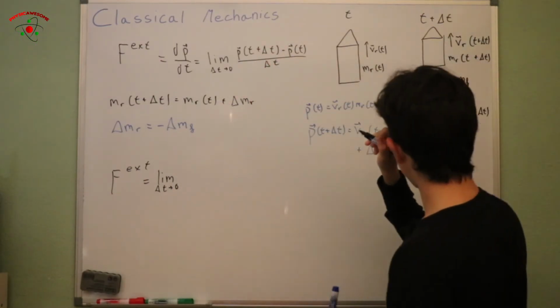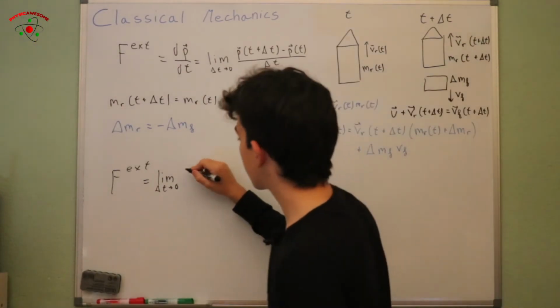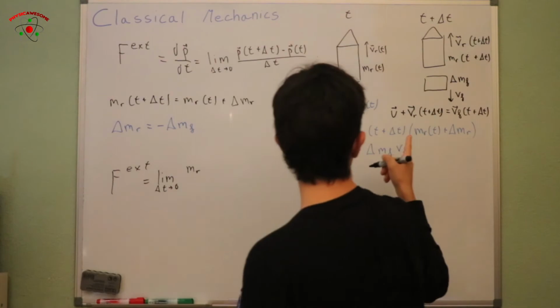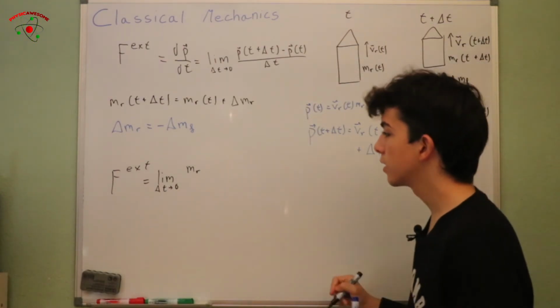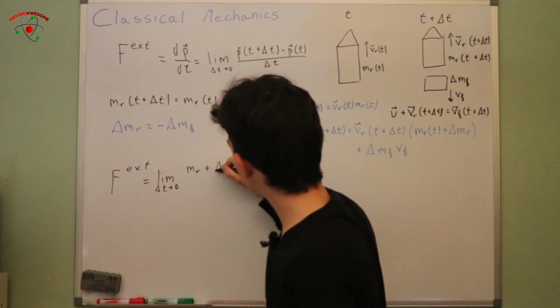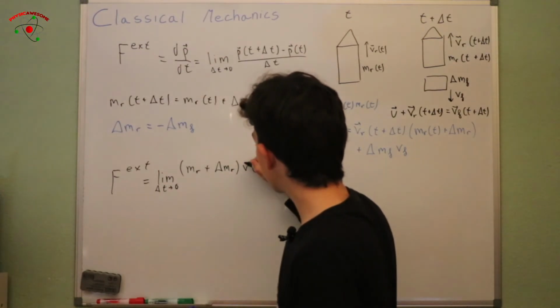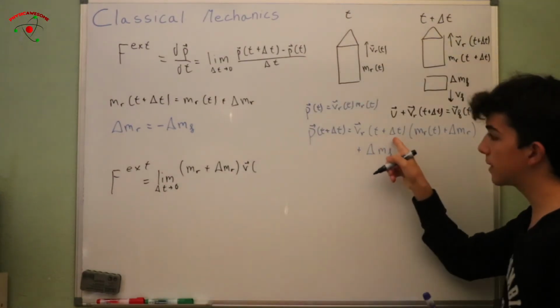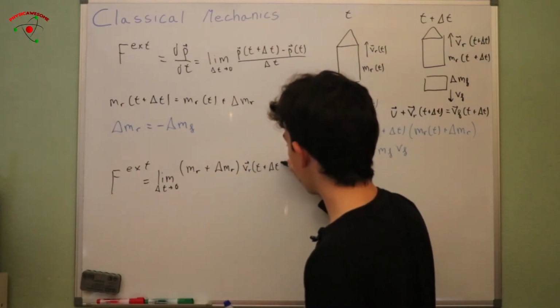Therefore, this is going to be mr of t plus delta mr. Let us drop the time dependence of the mr. Let's assume it's implicit. Plus delta mr times the velocity, very importantly, at t plus delta t of the rocket.